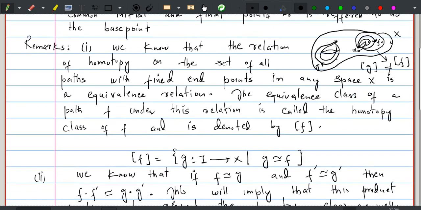It is because all these loops over here, we can pull all the way back down to this point x naught. However, if we pull these loops, they are going to get caught at this hole. Beyond this stage, we cannot contract these loops further because they get caught near this hole.